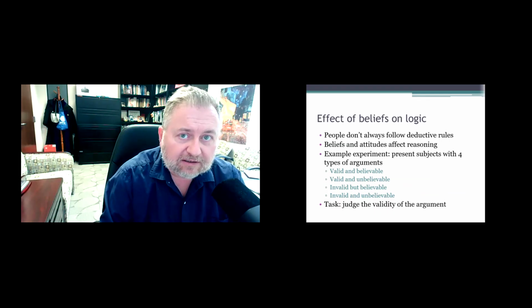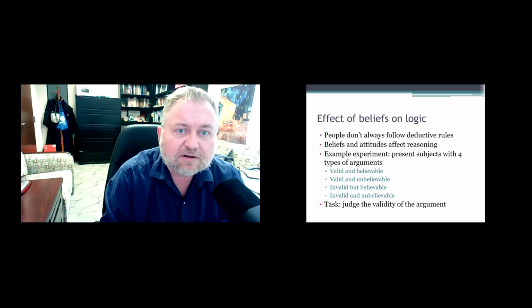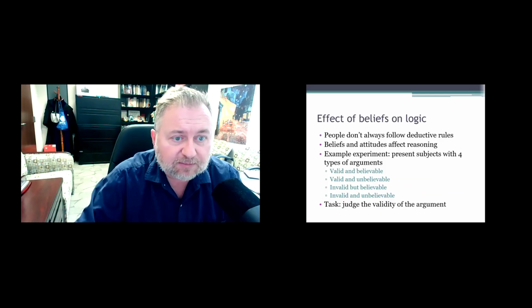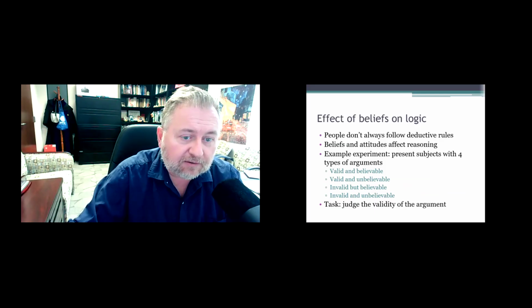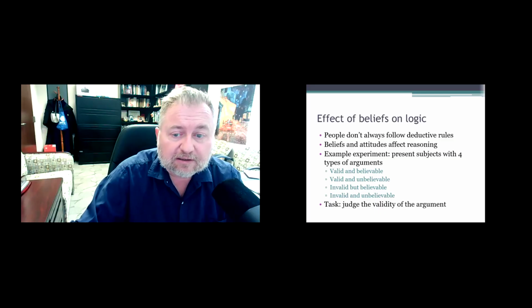And if you're thinking it's tricky now, that's actually normal, because the point of this research is to show that people's judgments of the validity of an argument, if we show them some examples of arguments and ask them to judge whether it's true or not, whether it's believable or not, don't necessarily align to the actual validity, but also align to the truthfulness and believability of the conclusion.